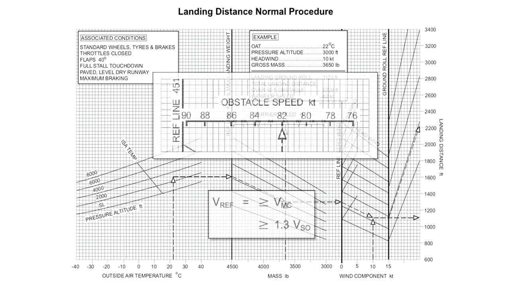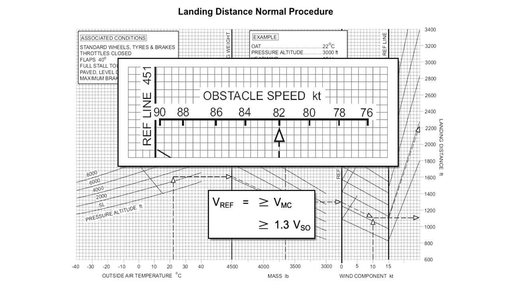Notice this area here, which highlights the obstacle height speed for different weights. This is actually the reference landing speed. The regulatory speed at the landing screen height is called VREF, and, for a Class B multi-engine aeroplane, it had to be no less than the greater of VMC, or 1.3 times the stall speed in the landing configuration, 1.3 VSO.